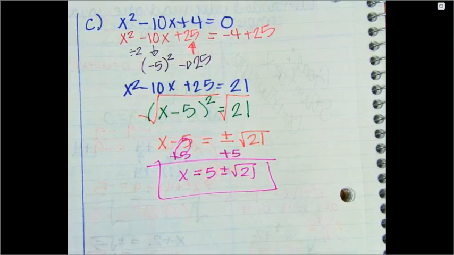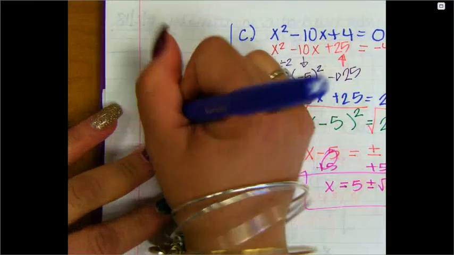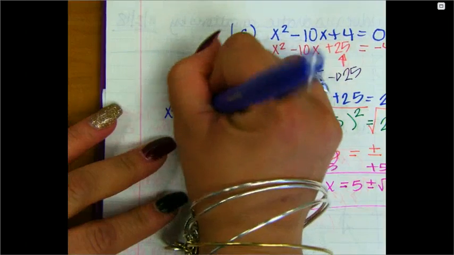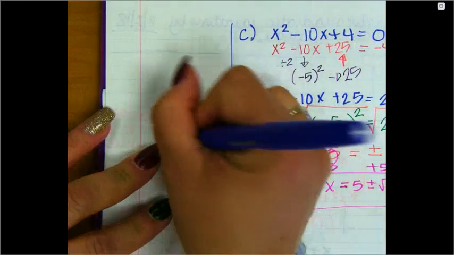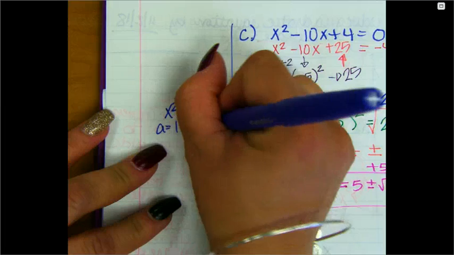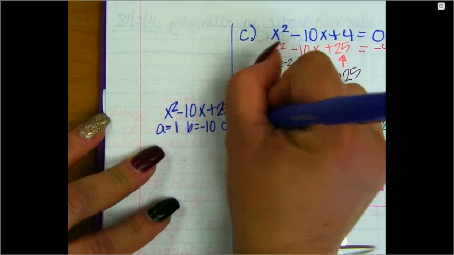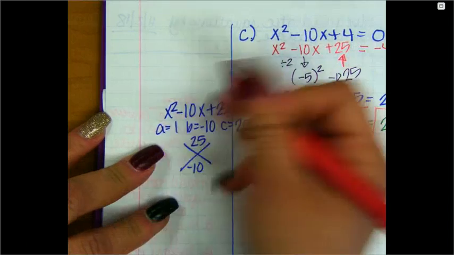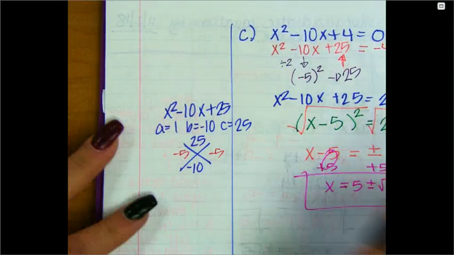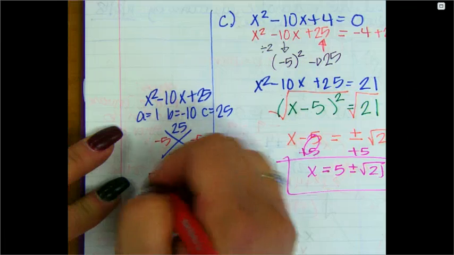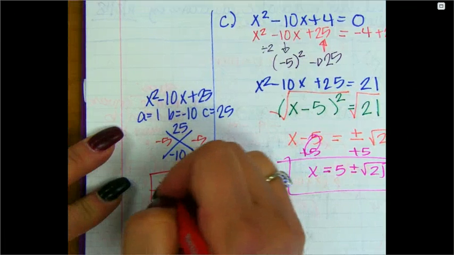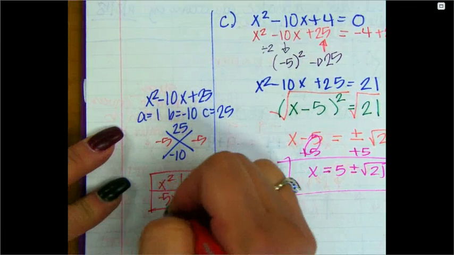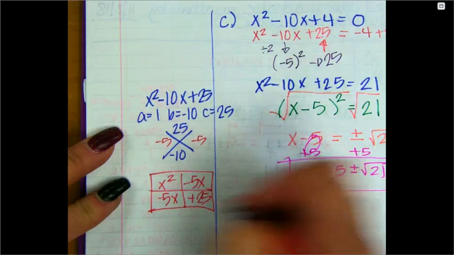If you factored on the side, you should have had a is 1, b is negative 10, c is 25. You should have positive 25 on top, negative 10 on the bottom. Then you should have negative 5 and negative 5. Yes? X squared minus 5x minus 5x positive 25.